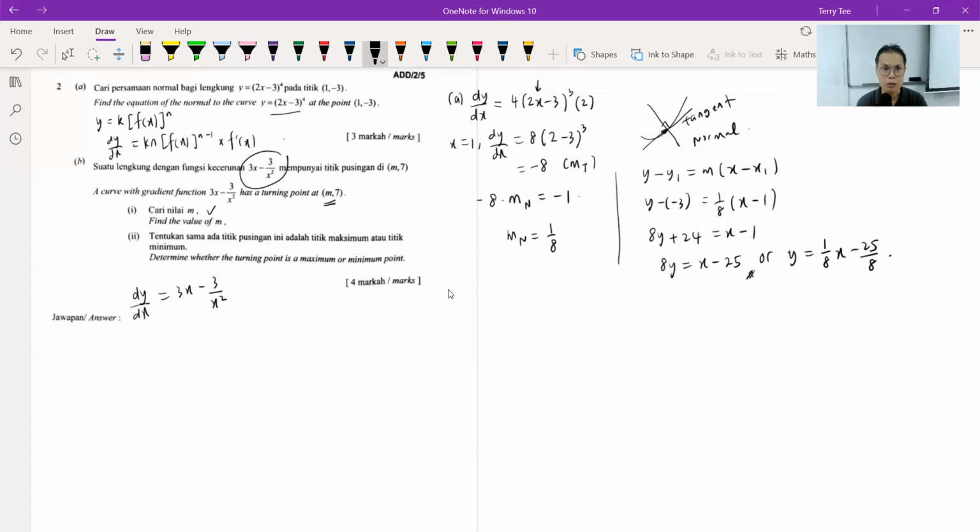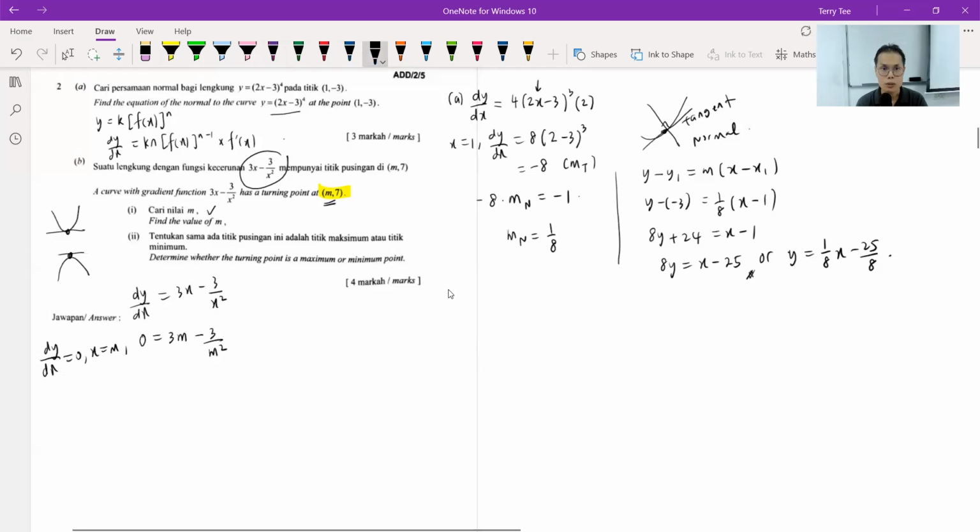Now, we know at a turning point, be it a minimum or maximum, the gradient is always 0. The gradient of the curve at that point is always 0. So we set dy/dx to 0 when x is m. At the turning point, dy/dx is 0, and your x value is m because it's given here.